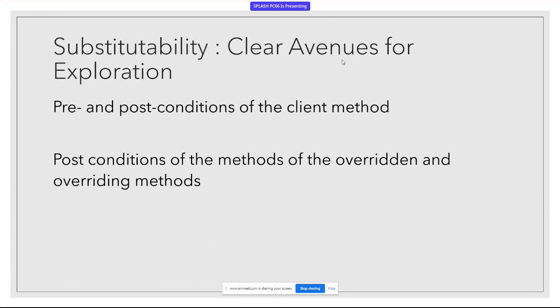In our two universities, when students come to this class, they might have heard about preconditions and postconditions, but they have no clear sense of those concepts. So we introduce and stress the importance of having preconditions and postconditions of the client method.